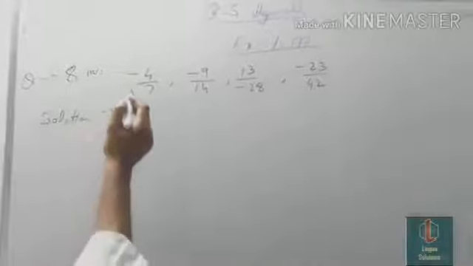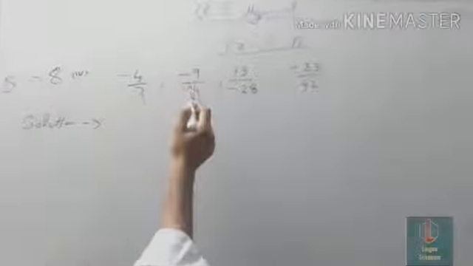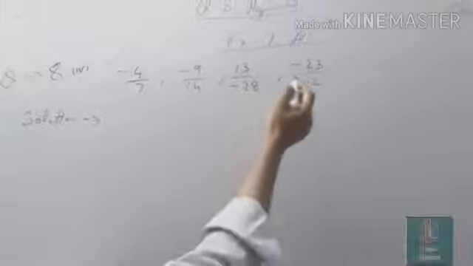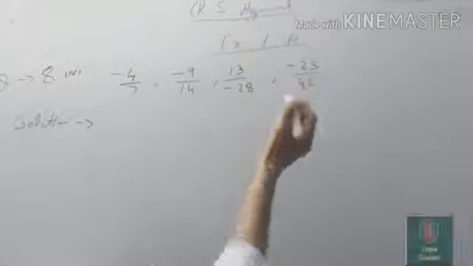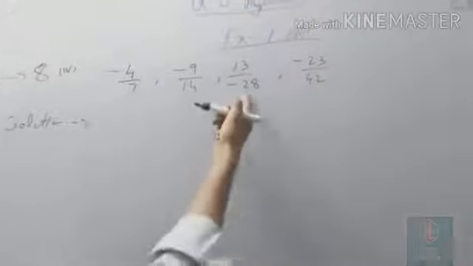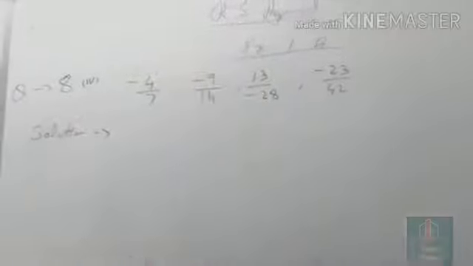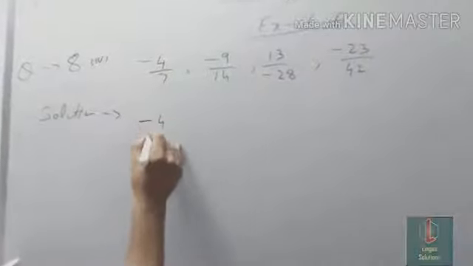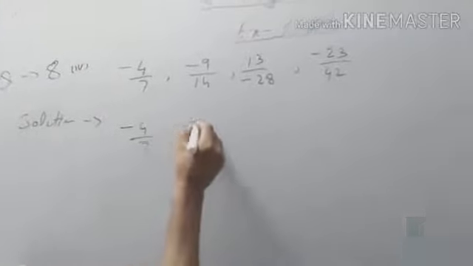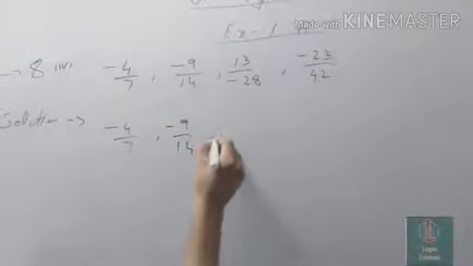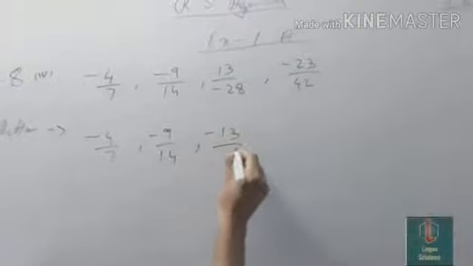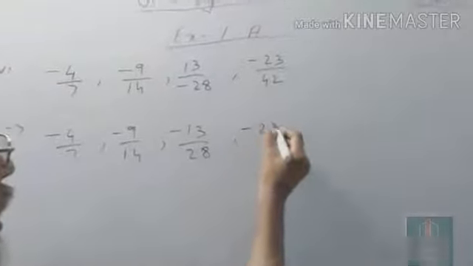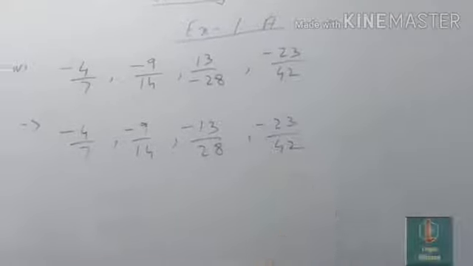Our fourth set is minus 4 by 7, minus 9 by 14, 13 by minus 28, minus 23 by 42. Here also we see that the denominator is in minus. So we will write it as minus 4 by 7, minus 9 by 14, minus 13 by 28, and minus 23 by 42.